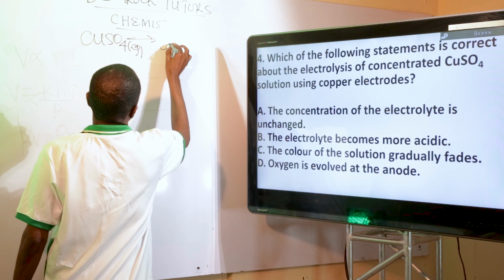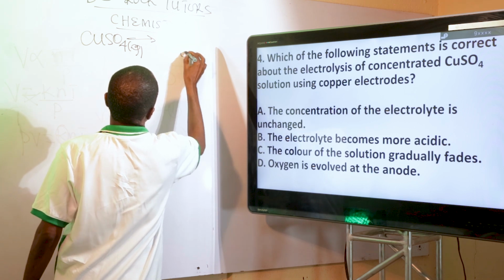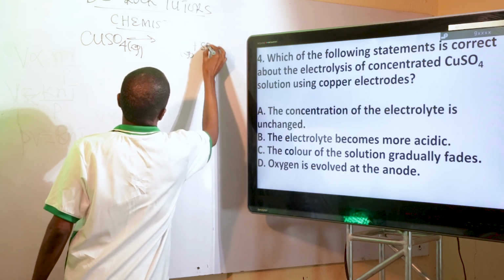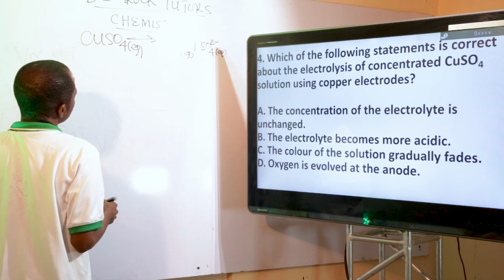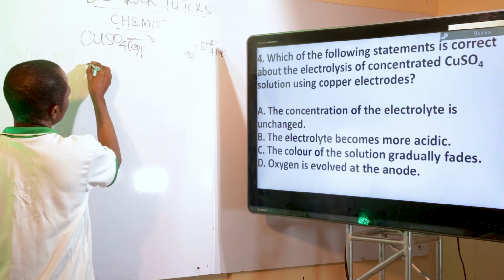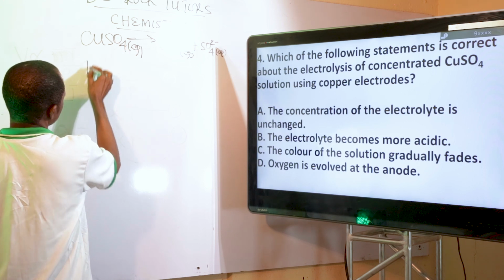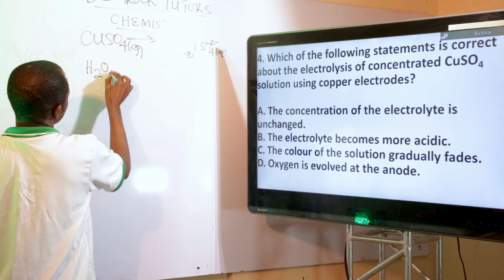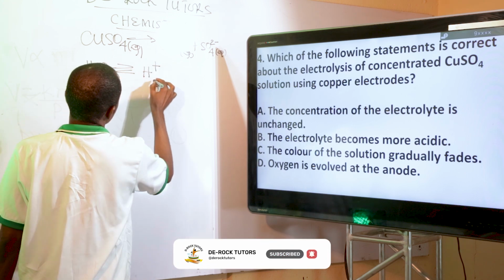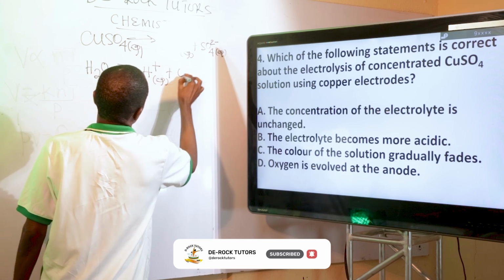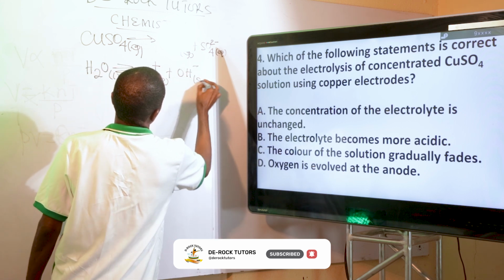This decomposes to produce copper 2 ion and sulfate ion. And don't forget, since it is in solution, it means it is dissolved in water. So the water also dissociates to produce hydrogen ion and also hydroxide ion.